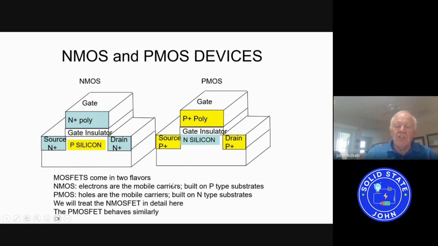The only thing that changes in the PMOS device is the type of silicon material that's used and the voltages that are applied to the contacts of the device. The gate, source, and drain voltages in the PMOS are different than the gate, source, and drain voltages in the NMOS.